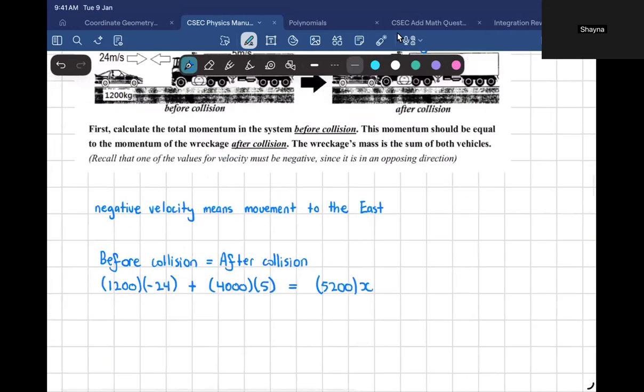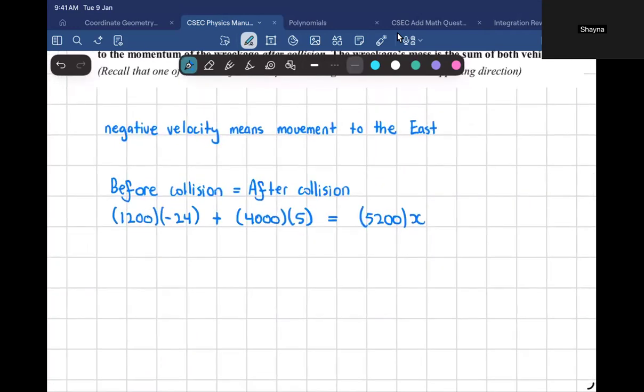All right. 1,200 by minus 24 is what? Minus 28,800. And this would be plus 20,000, and that would be equal to 5,200 x.